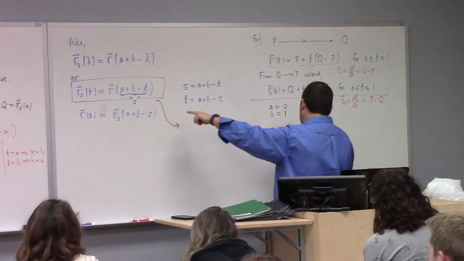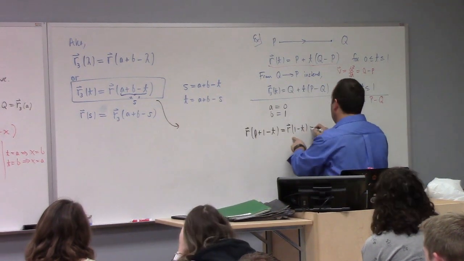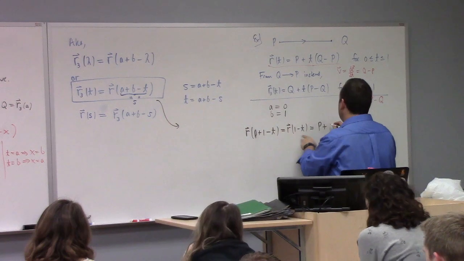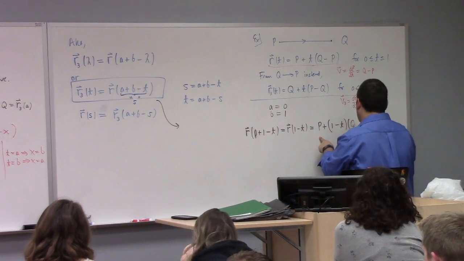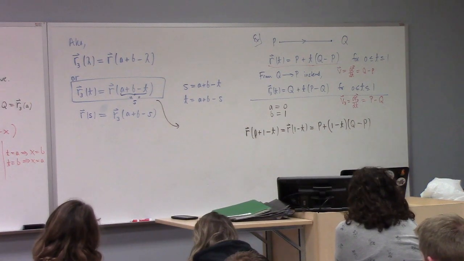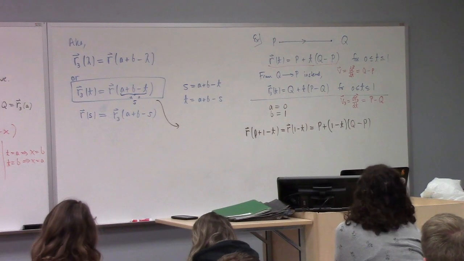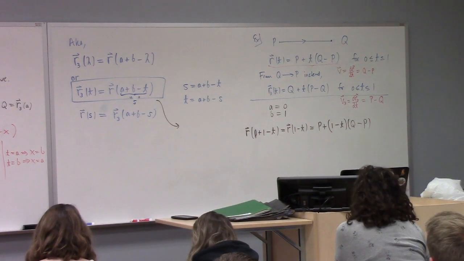So that's R of 1 minus T. If we plug in 1 minus T into R, what's that give us? P plus parentheses 1 minus T times Q minus P, right? So I'm evaluating the given path, replacing T with 1 minus T, right? It's function composition.